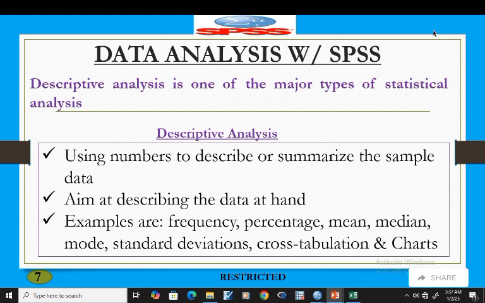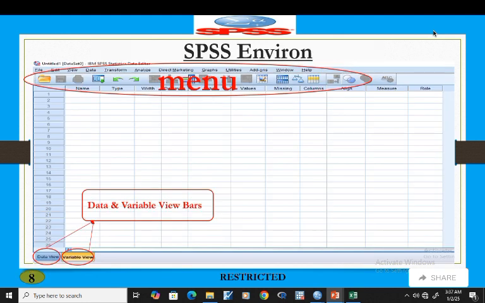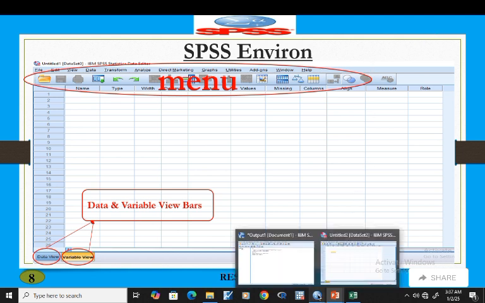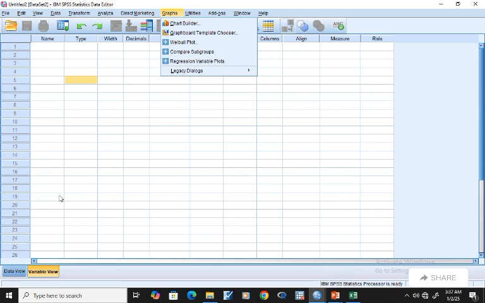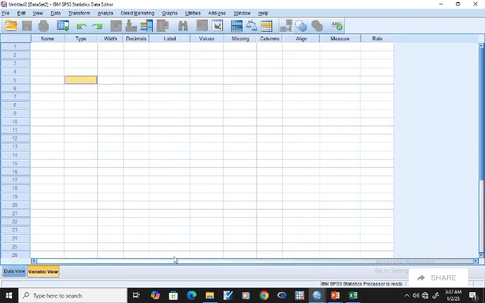So let's go straight into the business of the day. We'll be introducing you to the SPSS environment, which is the first thing you notice immediately you launch SPSS. It includes the menus where you have several apps to use, as well as the variable view and the data view.